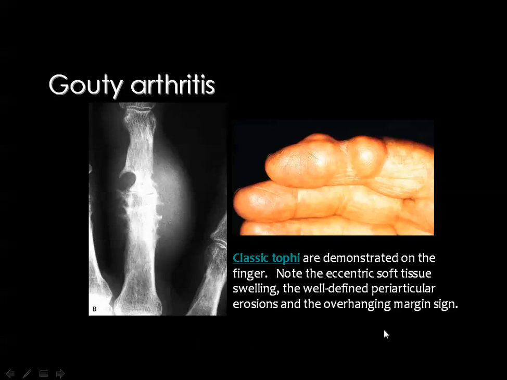This is also a good example of tophi in the hand. You see this very sharp bone erosion in the base of the phalanx, and other erosions proximal to the joint. The joint space is narrowed, and you see huge periarticular soft tissue swelling.